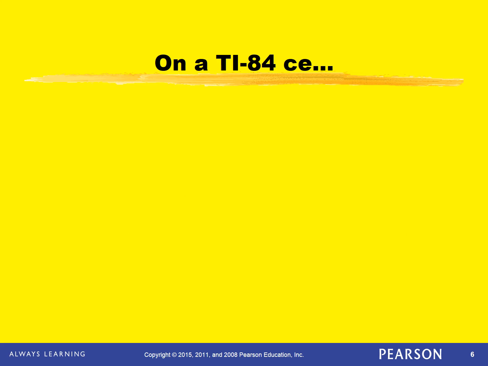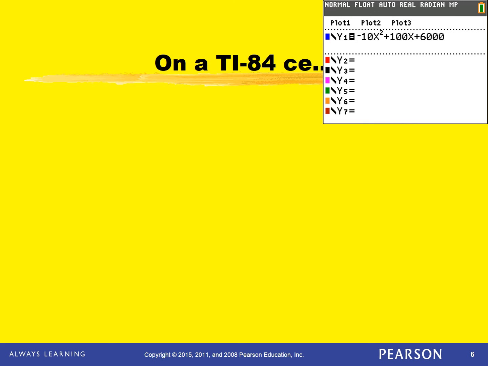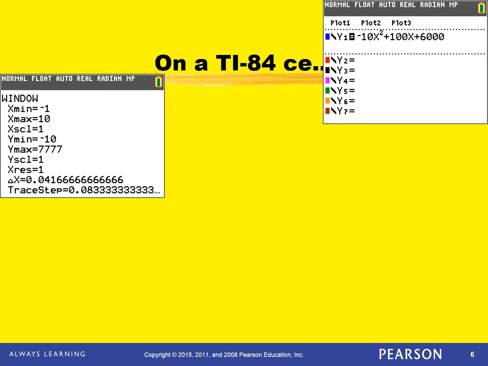Now, if you're using the graphing calculator, you could verify this. So first you input the function, and you're going to need an appropriate window because, you know, with that 6,000 in there, that's not going to stay in the standard window. So I'm going to set the top of the window at 7,777.